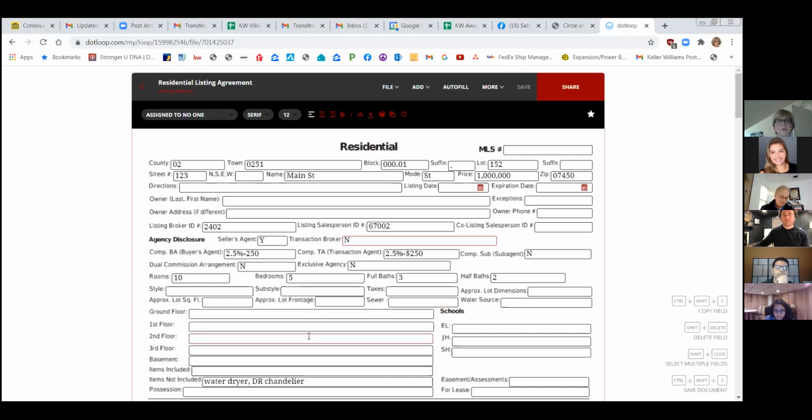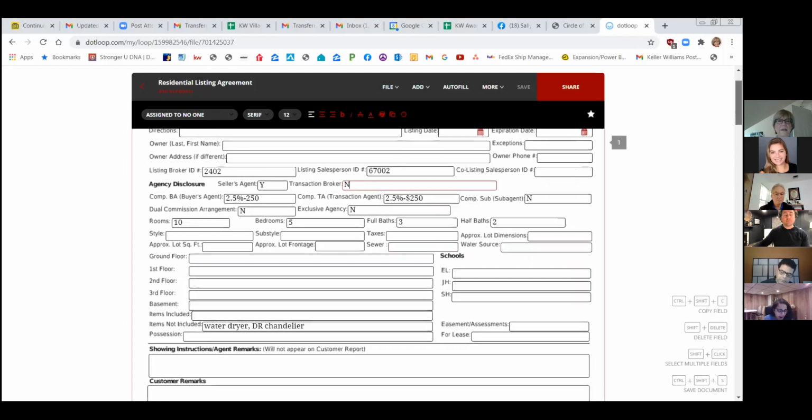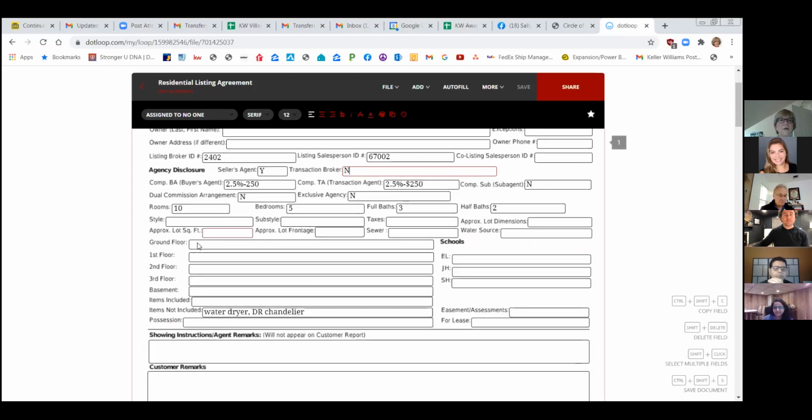Next, we come to a description of the rooms on each level of the house. Now, I want you to notice that there's ground floor, first, second, third, and basement. The difference between a basement and a ground floor is the basement is underground. You have to go down a flight of stairs, and there's no direct way to go outside from it.